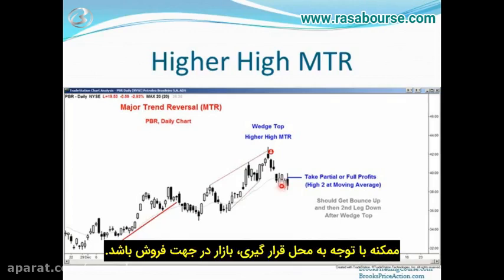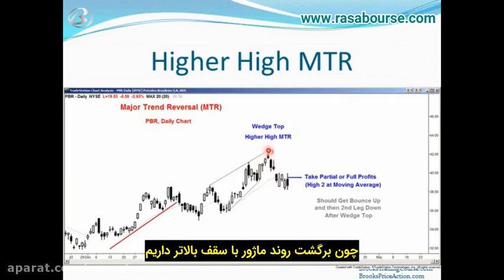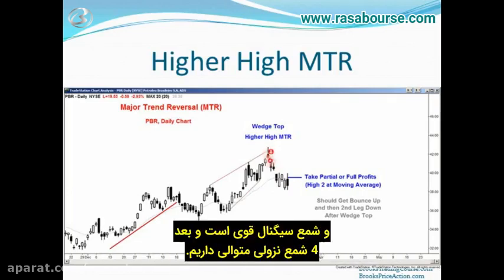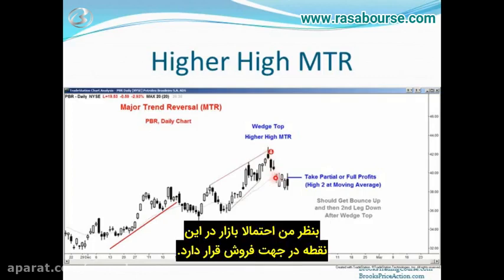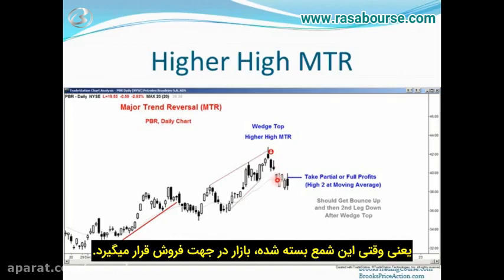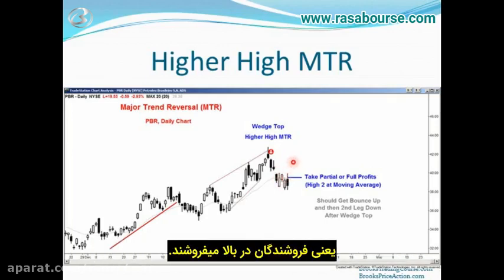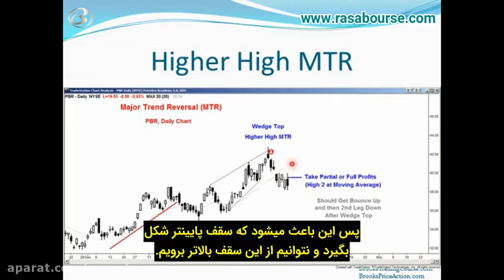The market might be always in short based upon the context, the higher high major trend reversal, strong signal bar, and 4 consecutive bear bars. In my mind, I think it's always in short at this point, probably by the close of this bar. So that means I think that there'll be sellers above, and that we'll get a lower high rather than getting above the high of this bar.